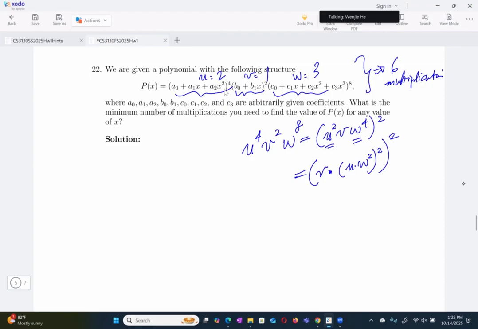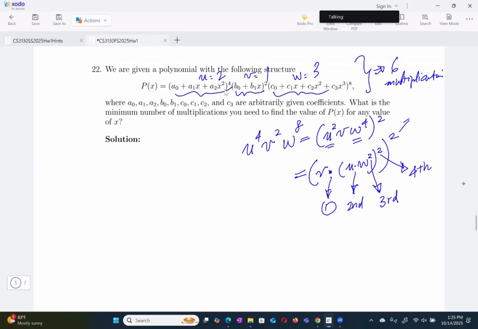So let's count how many. This is first. Then this one, second. Then this square, third. Then another square, fourth.